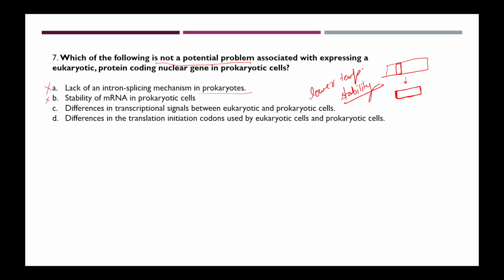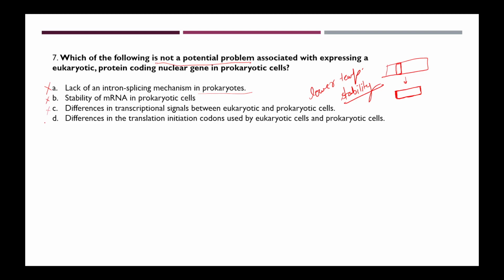The transcription factor signals between eukaryotic and prokaryotic cells differ. Sometimes these are the cases, like I just talked about codon bias. You have to provide those extra tRNAs so that overexpression can take place, so that transcription and translation can happen. So the transcriptional signals and factors are also required.